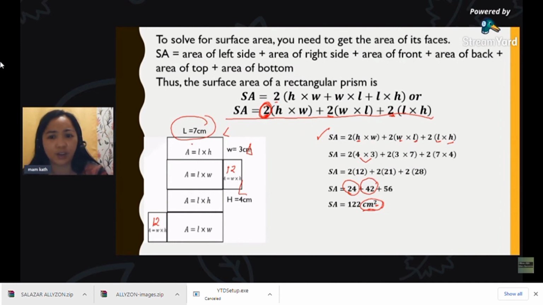Ito yung area na yon. We have 42. That is maybe the bottom and top. It's not 42. It's 21. Kasi dalawa na sila. Alright?